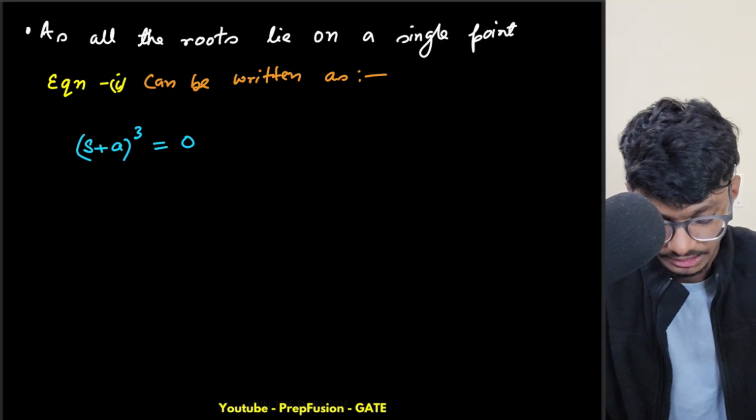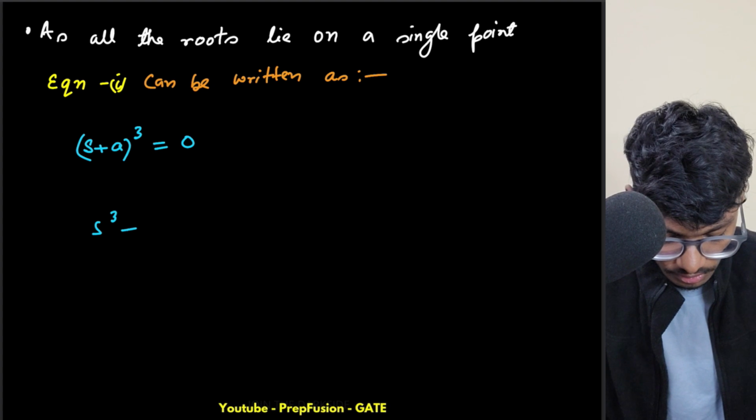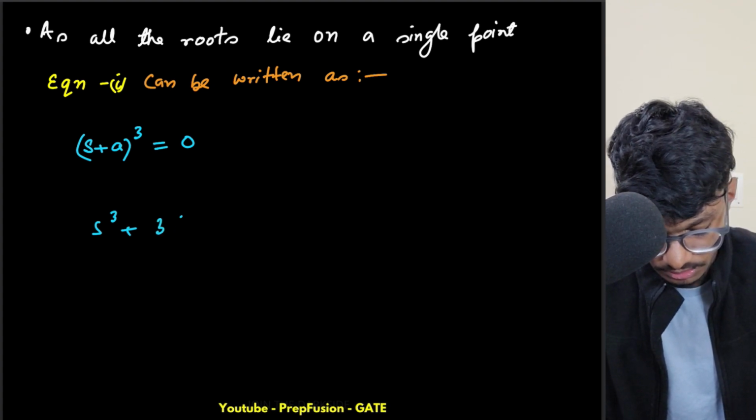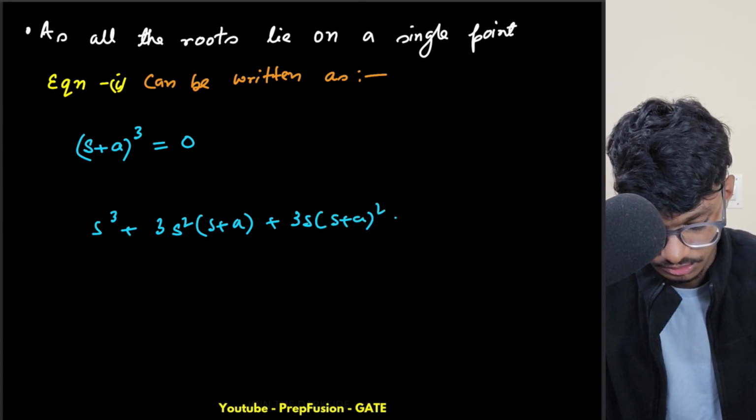Now I will just rewrite this equation. This one will become s cube plus 3 s square into a plus 3s into a square plus a cube.